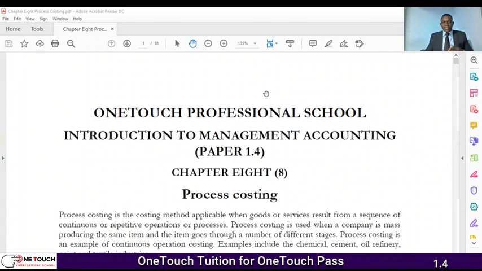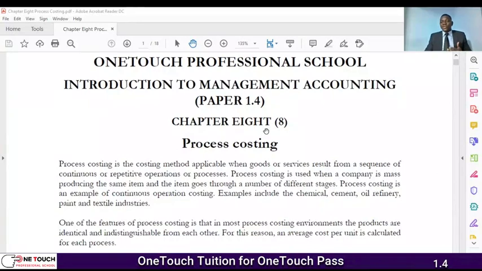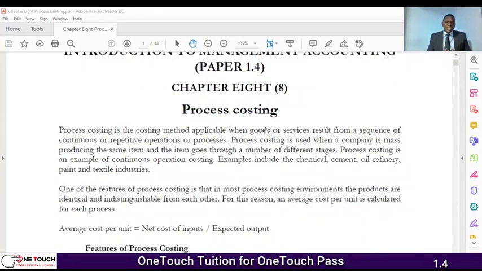All right. So let's start and look at how process costing works. Process costing is the costing method applicable when goods or services result from a sequence of continuous or repetitive operations or processes.